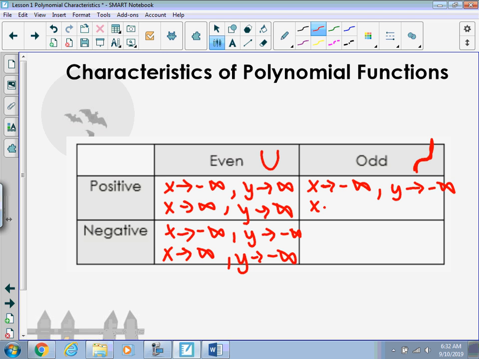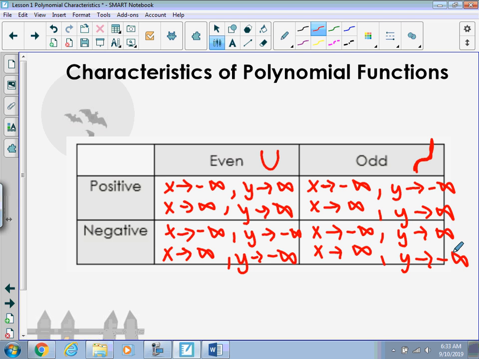As x is approaching positive infinity, the y's are also approaching positive infinity. Now when we flip that graph, as x is approaching negative infinity, the y's are going to be approaching positive infinity. As x is approaching positive infinity, the y's will be approaching negative infinity, because it's going to be opposite from its original graph.